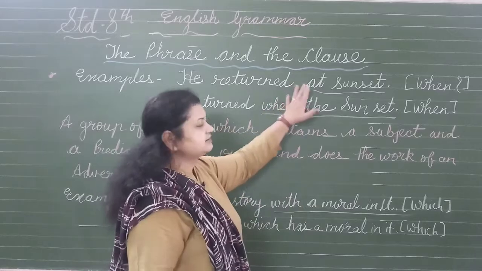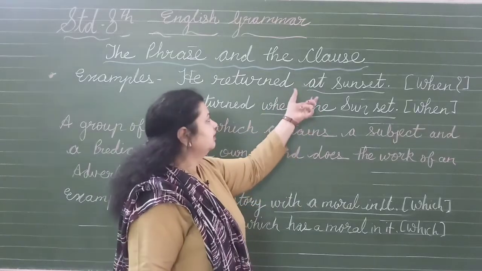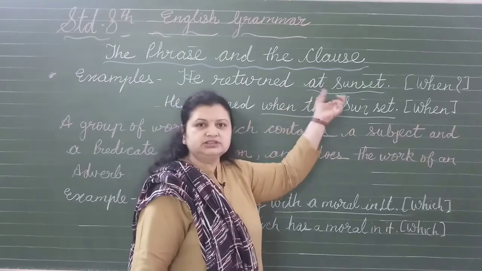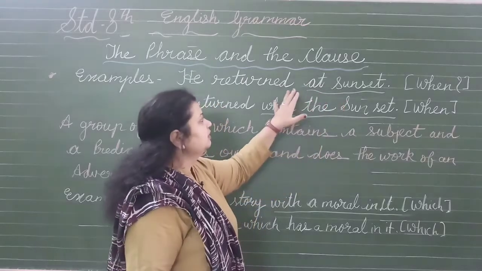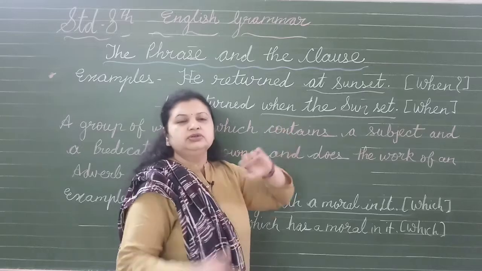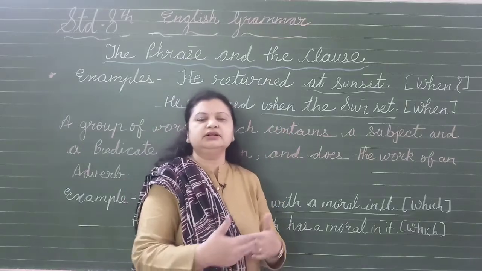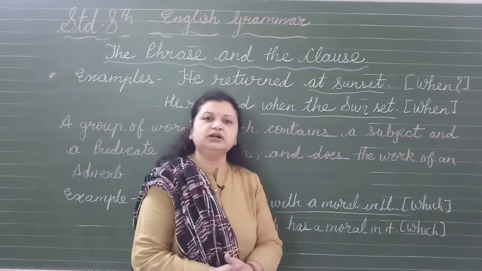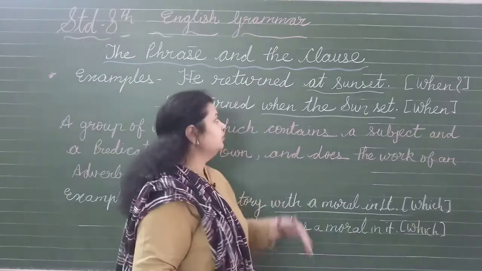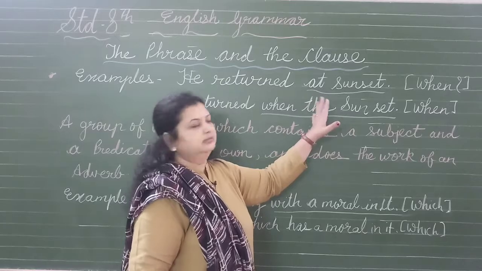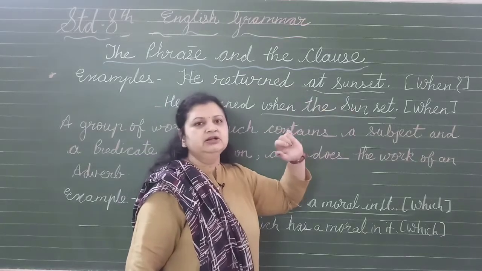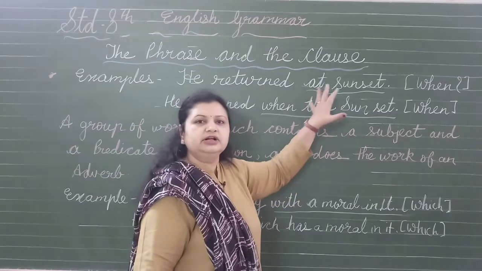Now here "at sunset" is not a complete sense and does not have its own subject and predicate, so it is called a phrase. When the question in our mind is about "when," and it does the work of an adverb, that is called an adverb phrase, because it is a phrase and does not have a subject and predicate part.